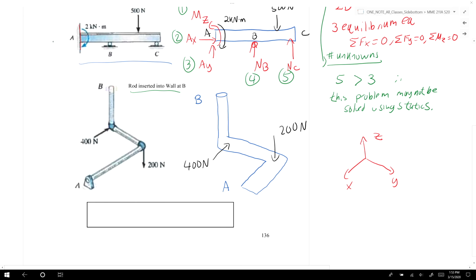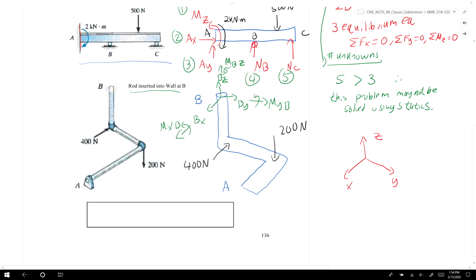At a fixed connection, we have 3 forces and also 3 moments. So I'm going to draw the moment about the x-axis at B, the moment about the y-axis at B, and the moment about the z-axis at B.